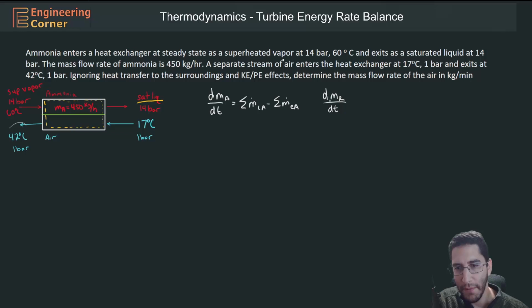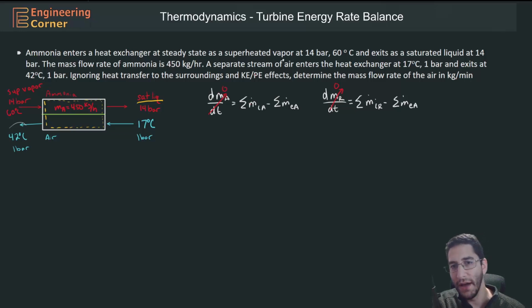So the change of the mass of my air with respect to time is the sum of my inlet of my air minus the sum of the mass flow rate of the outlet of my air. Now, because we're working with steady state, these two values are going to go to 0.